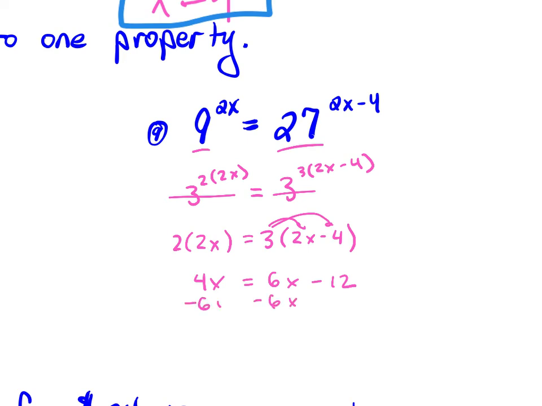So negative 2x is equal to negative 12. Divide both sides by negative 2. So x is equal to 6. So from here, it's just basic algebra solving for x. Ready for number 10?